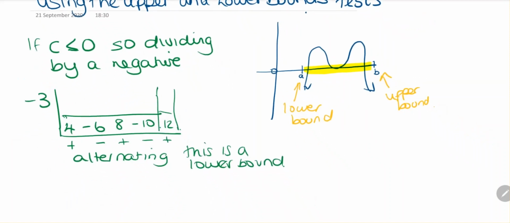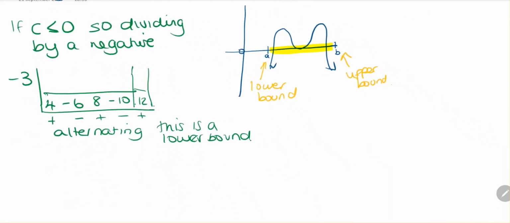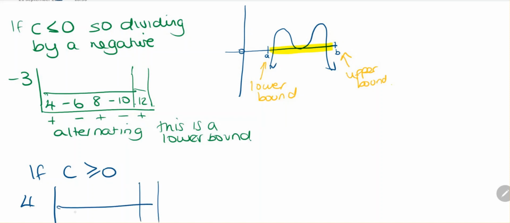So also, if our C is greater than or equal to 0, so this is a positive, for example we were dividing by 4 and we had our final answer as 4, 10, 24, say 90.